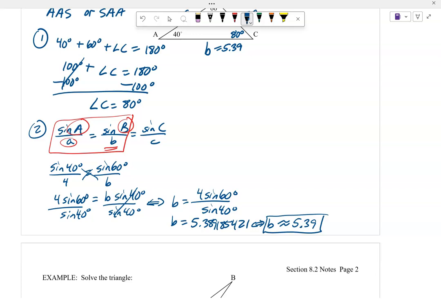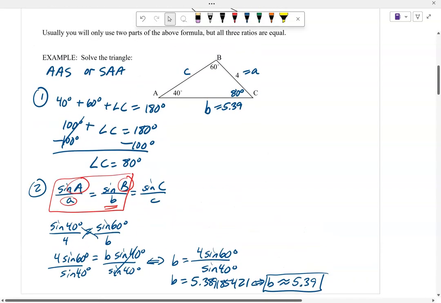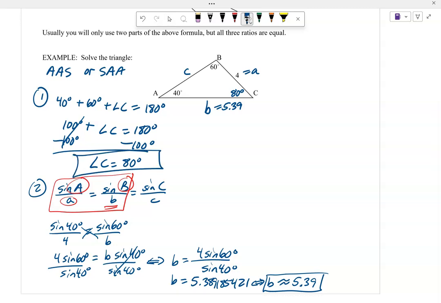All right. We just have one more step here. We have our angle C was 80 degrees. We have lowercase b, side length B, 5.39. Now we need to find side length C. So we have sine of angle A over side length A equals, now we need to do sine of C. We know angle C is 80 degrees over lowercase c.